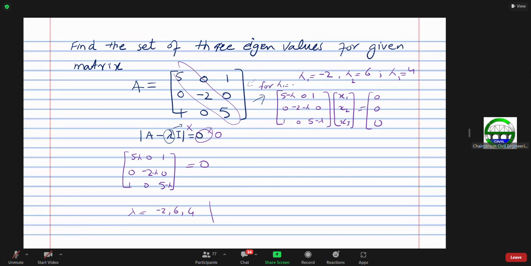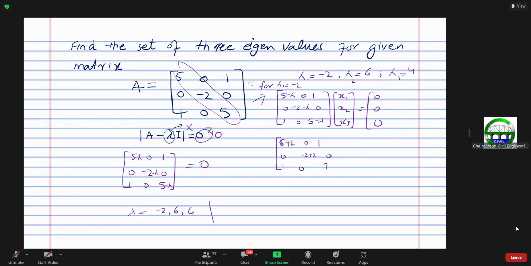For lambda 1 equals -2, if you put the value of -2 in here, it is going to be 5 plus 2, 0 and 1. Then 0, -2 plus 2, and 0. Then 1, 0, 5 plus 2.